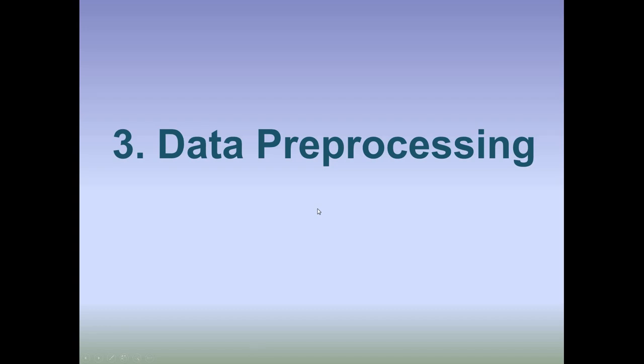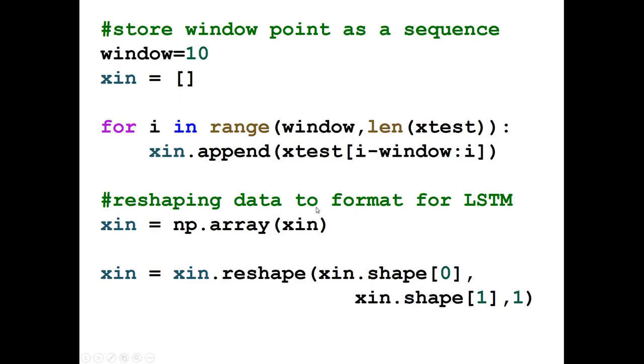Now comes the data pre-processing. Like we did earlier, in this particular case you have the test data, and you have to now create a window of 10, and you are going to in fact create a test dataset, which is a noisy dataset with a proper data sequence.